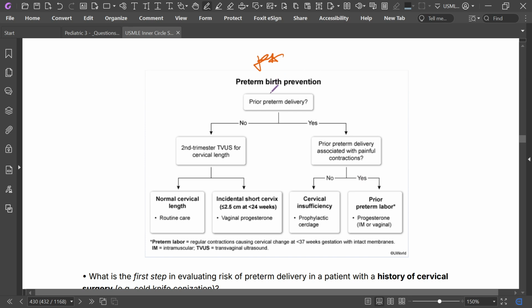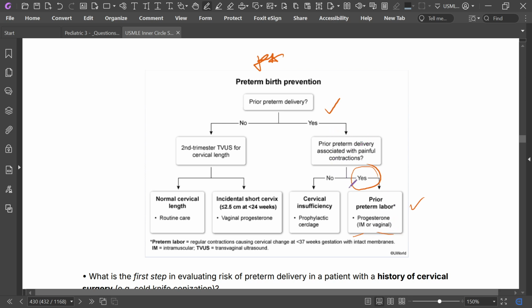If there is a prior preterm delivery associated with painful contractions, yes, that means prior preterm labor, which is regular contractions causing cervical changes at less than 37 weeks of gestation with intact membranes. This is called preterm labor. If there is prior preterm labor, give progesterone, IM or vaginal.